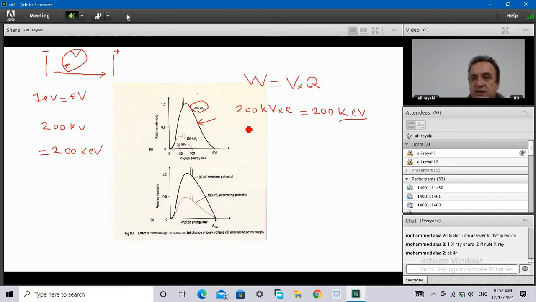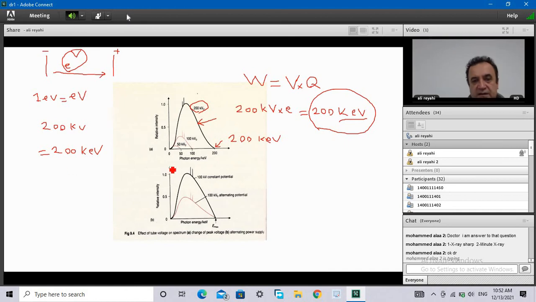And if I ask you what is the maximum energy of X-ray, you again see it is this, 200 kilo electron volt.